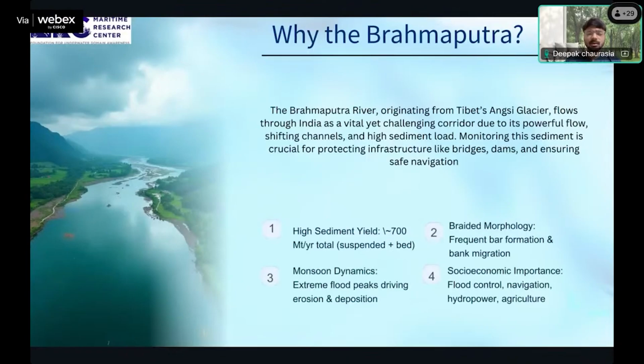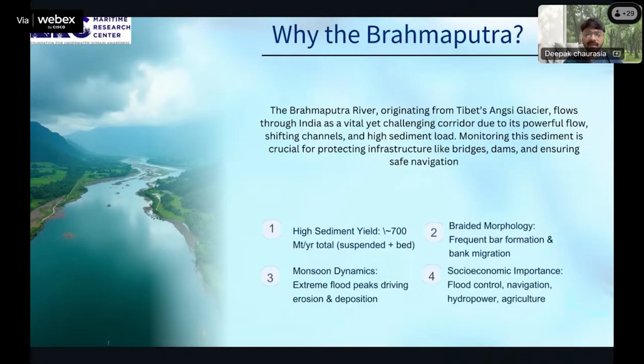So let us come to why it matters for our Brahmaputra. As we know, Brahmaputra is one of the longest rivers in the northeast, especially in Assam and Arunachal Pradesh, and it's one of the highest sediment-carrying rivers, approximately 700 to 1000 metric tons, including both suspended and bed load.